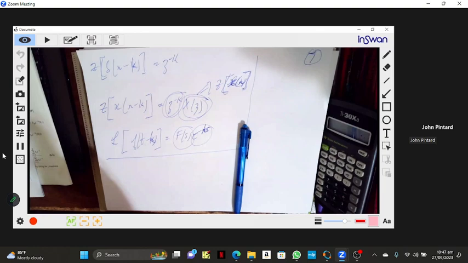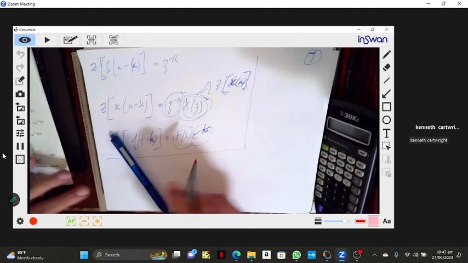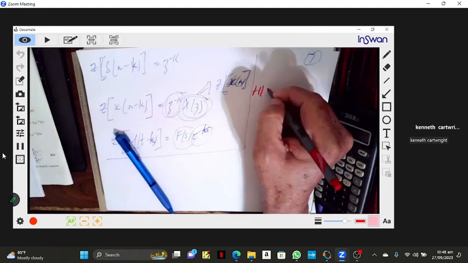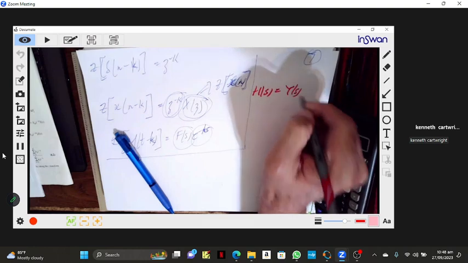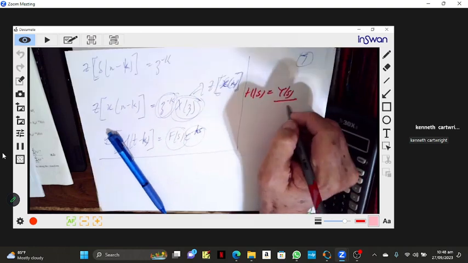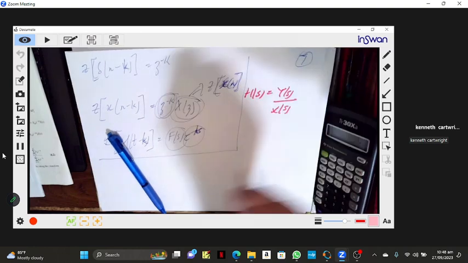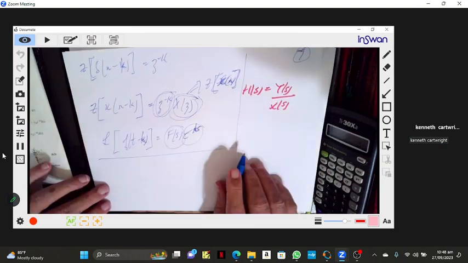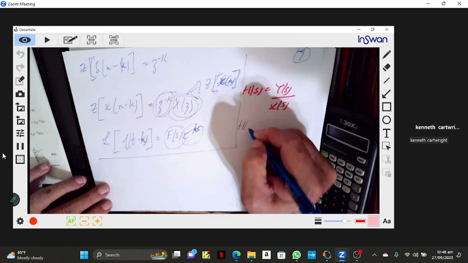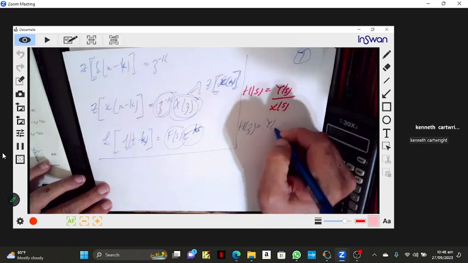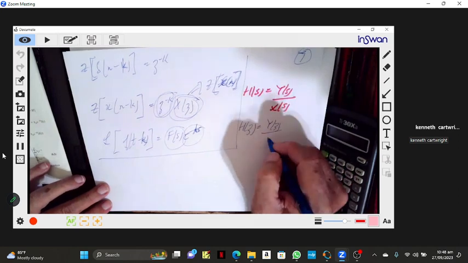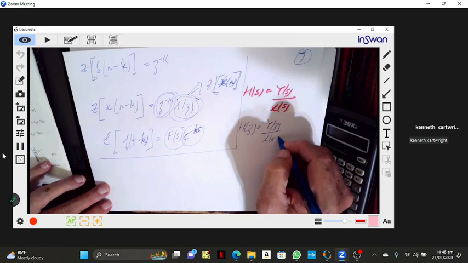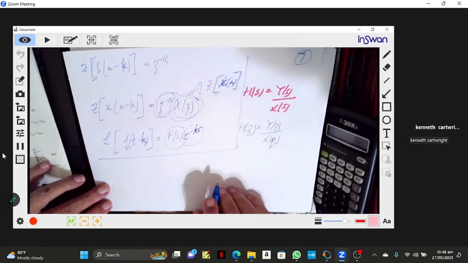So the answer I was expecting from you was H of s equals Y of s over X of s. Guess what? It's the same thing. H of z equals Y of z over X of z. Same thing.